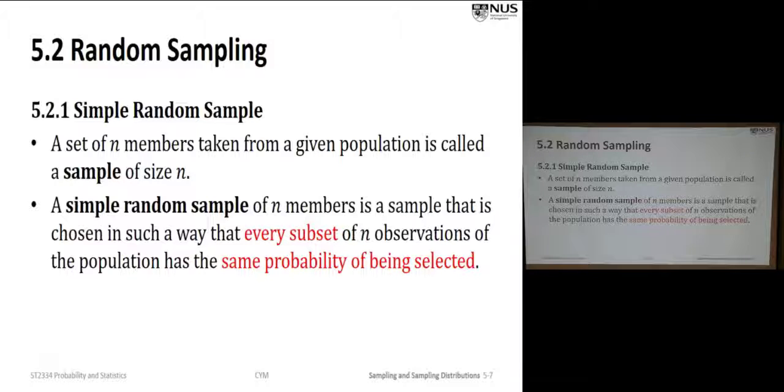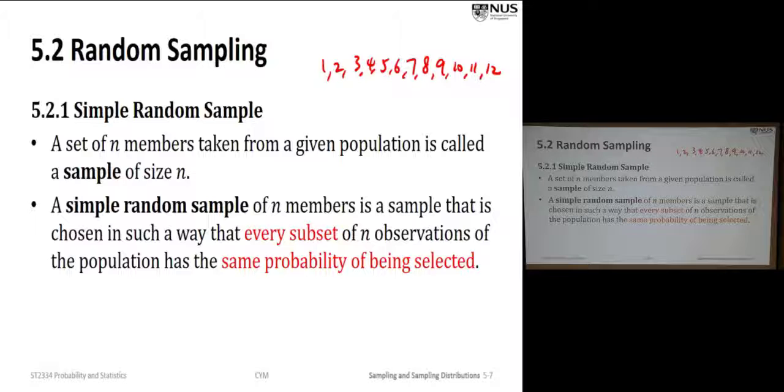So suppose I have a population 1, 2, 3, 4, 5, 6, 7, 8, 9, 10, 11, 12. Only 12 individuals. I want to select a sample of 3, a subset of 3. All right? So I randomly select.